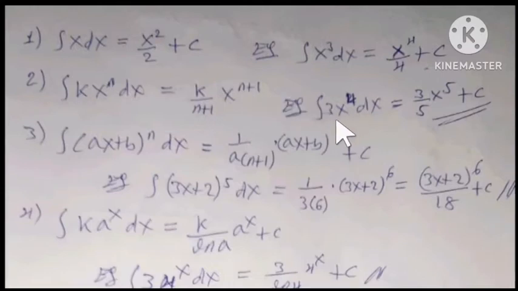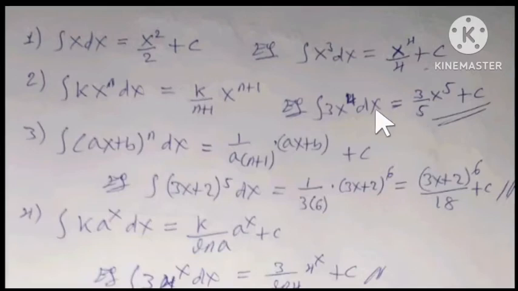For example, the integral of 3x to the power of 4 dx is equal to 3 over 5, because n is 4, plus 1 is 5, times x to the power of 5, because 4 plus 1 is equal to 5, plus c.